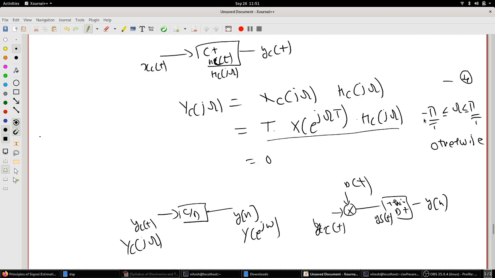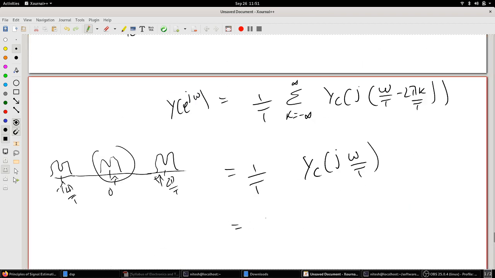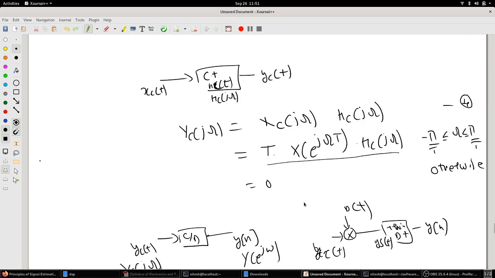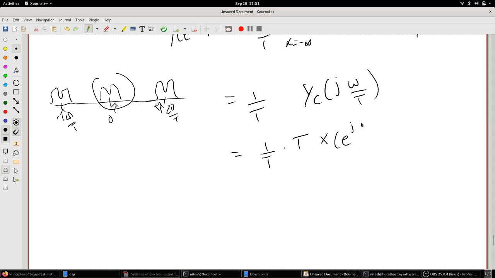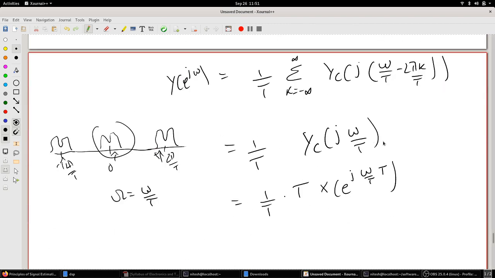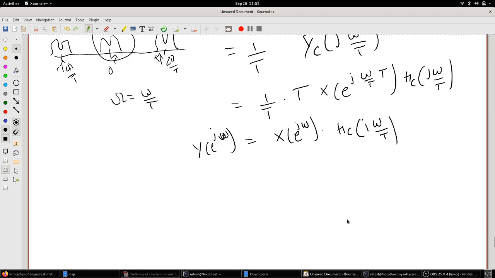Because you know that this Hr of j omega is from minus pi by T to pi by T. So this will turn out to be equal to 1 by T into T. By substituting this particular expression here, what we get is X of e raised to j omega by T into T, just substituting omega equal to omega by T here, into Hc of j omega by T. Okay, so this turns out Y of e raised to j omega is equal to X of e raised to j omega into Hc of j omega by T. This is what you get.